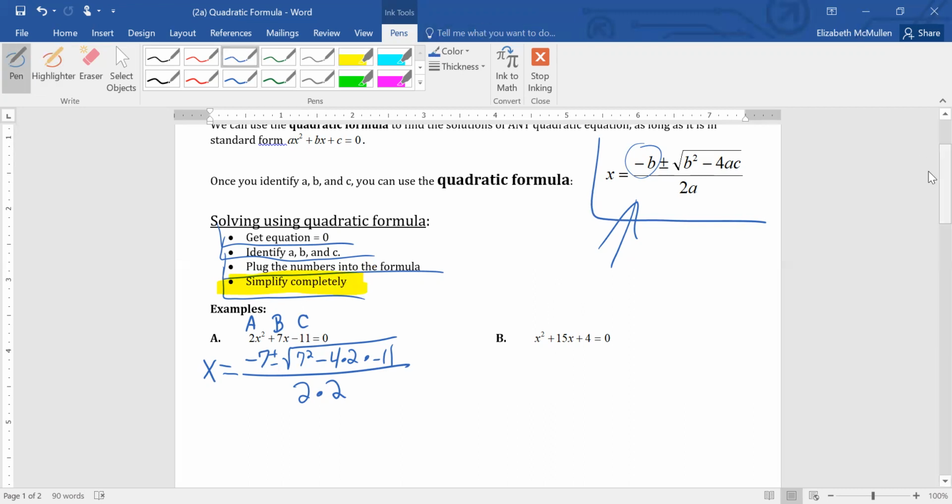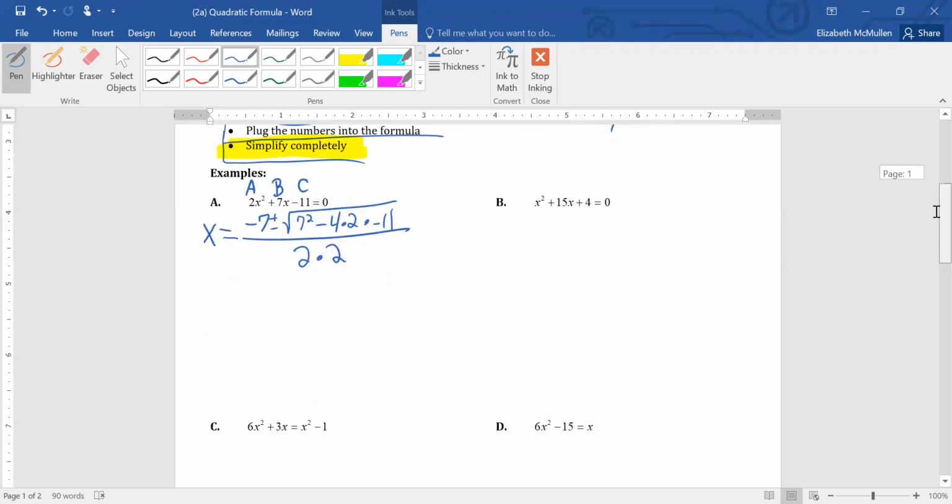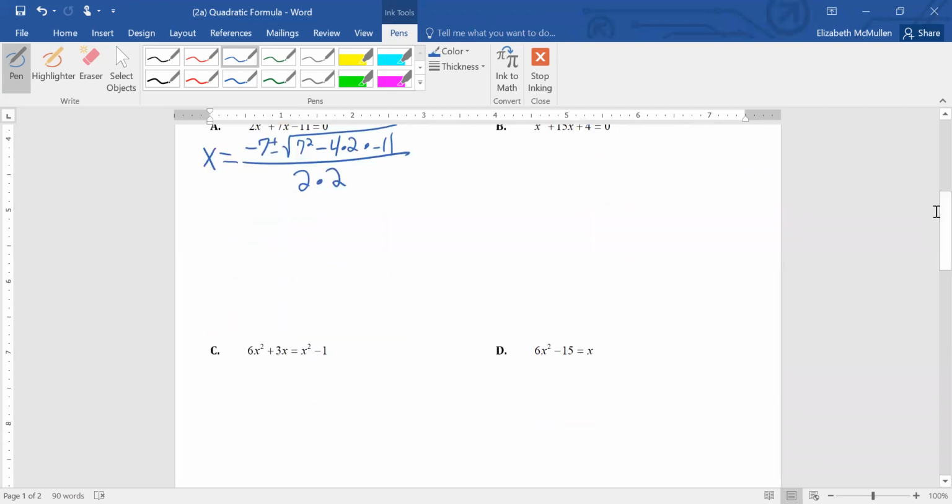Let me scroll down a little bit here so we got some space to work. All right, so x equals negative 7 plus or minus, and this is where we can start simplifying, right? 7 squared is 49. Negative 4 times 2 is negative 8. Times negative 11 gives me positive 88 over 2 times 2, which is 4.